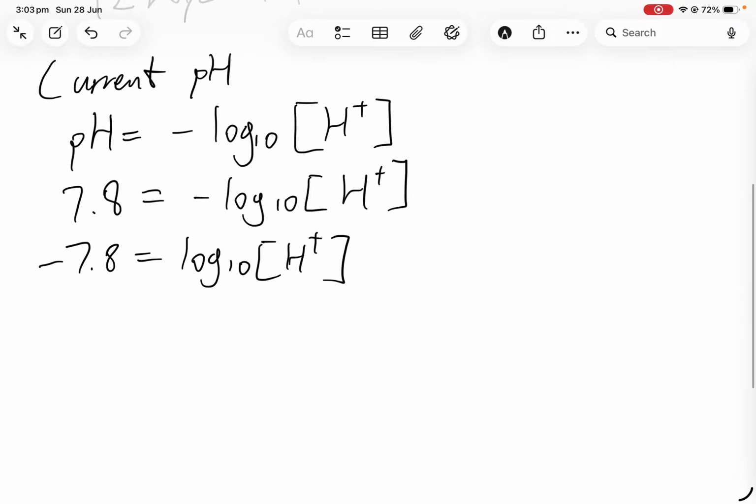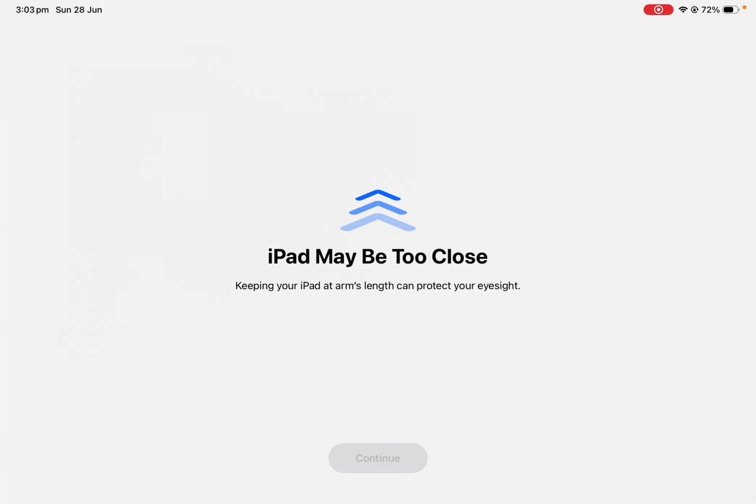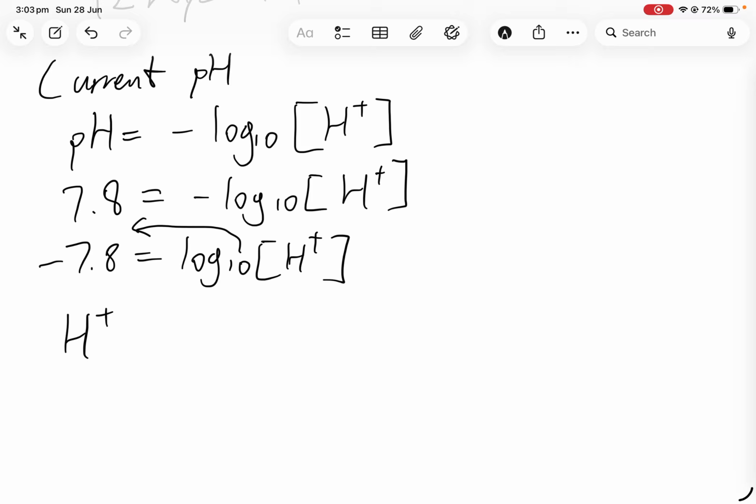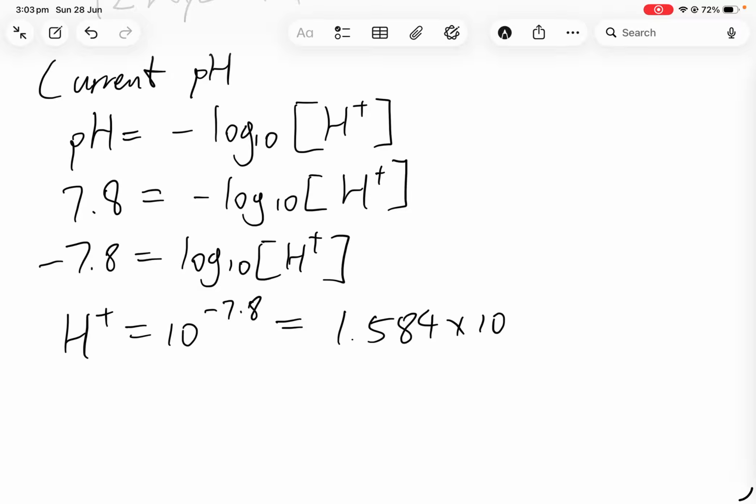To get H plus, which is the concentration of H plus ions, this equation basically means that 10 to the power of 7.8 is equal to H. So we just do 10 to the power of negative 7.8, which equals 1.584 times 10 to the power of negative 8. This is moles per liter.